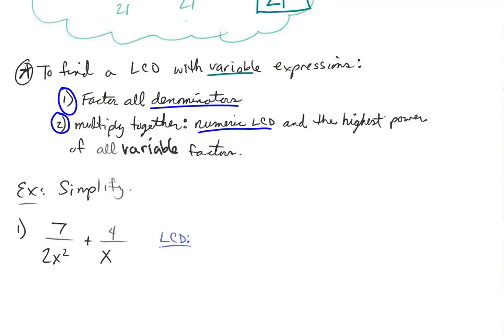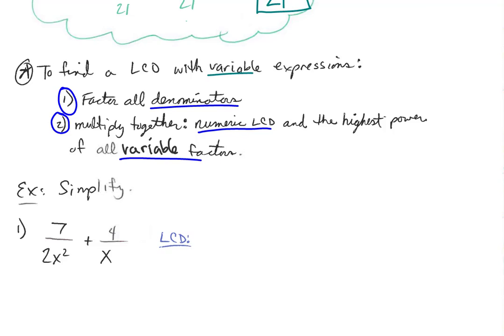So you're going to multiply that numeric LCD with the highest power of all variable factors. So that would be comparing any variable factor and then picking the highest power of that certain base to represent all those similar base variable factors.